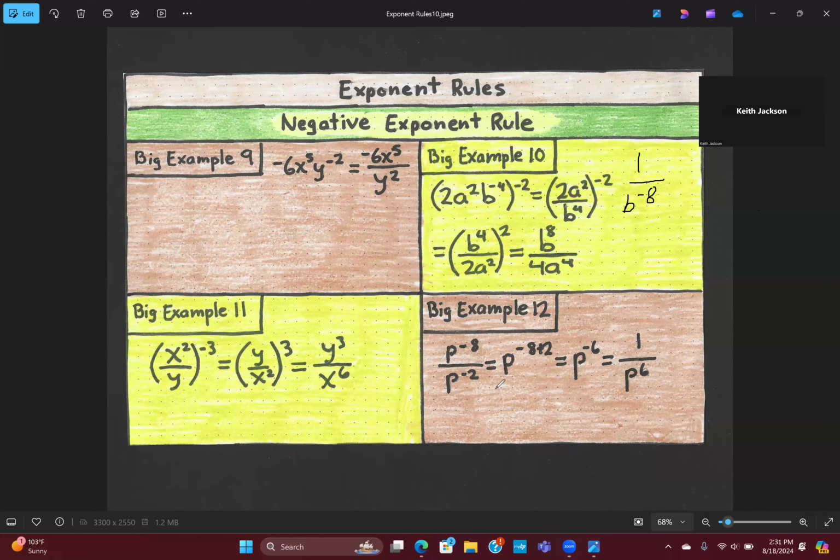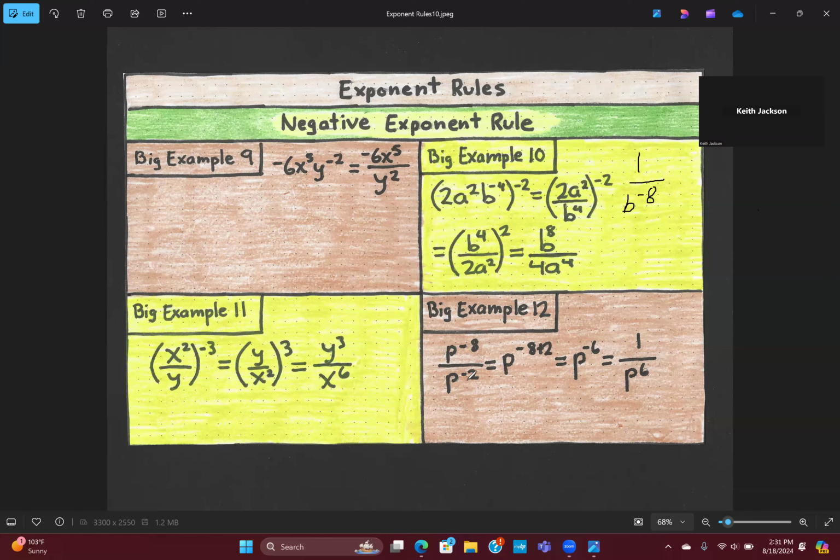And let's move to big example 12, in which we have, let's say, p raised to the negative 8 power over p raised to the negative 2 power. Now, before we switch them, let's just do this. We're going to apply the rule in which we divide the exponents by combining them.